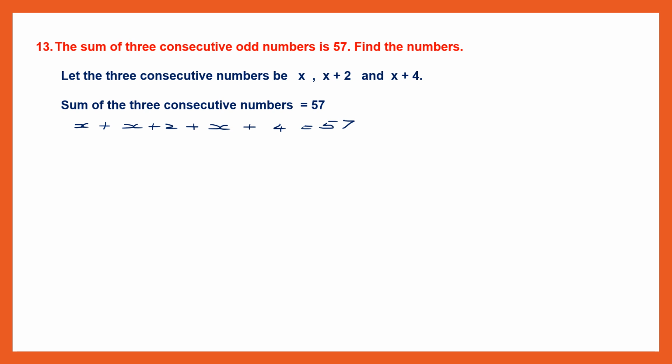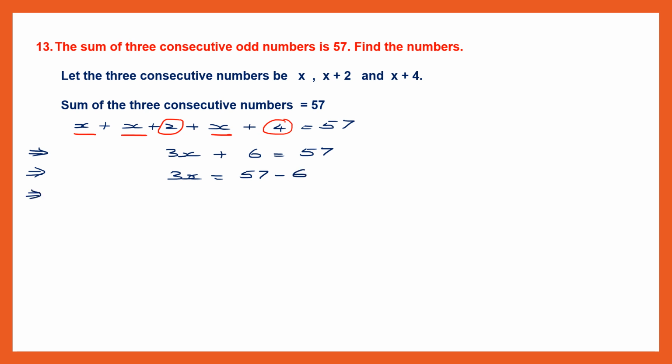So now let's add up all the x terms. So here I have 1, 2, 3, 3x terms. 3x and the whole numbers are 2 plus 4. So 2 plus 4 is 6. So plus 6 is equal to 57. So now we can find the value of 3x. 3x is equal to 57 minus 6.